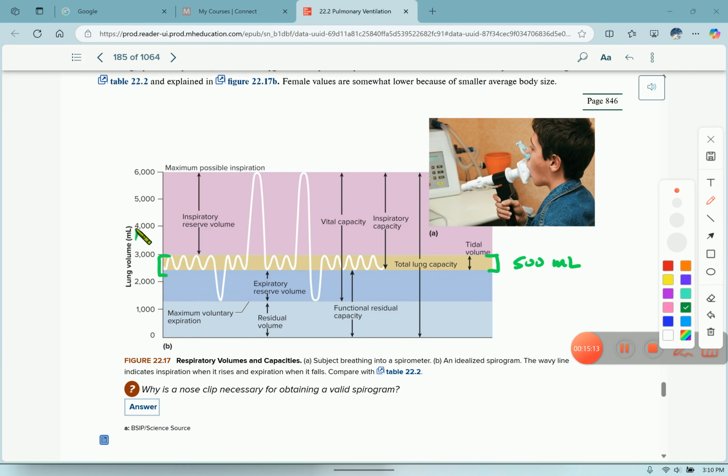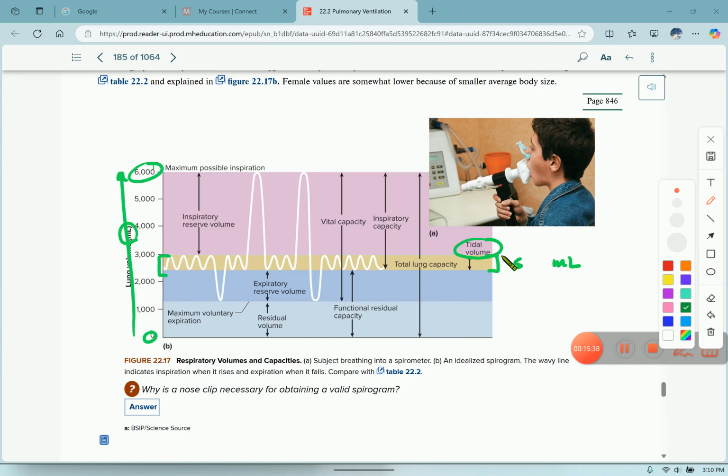Over here, we're measuring in milliliters, from 0 all the way up to 6,000. Most people live in the tidal volume area, which means when you're just doing regular breathing, you're only doing about 500 milliliters when you breathe in and breathe out. So that's tidal volume.